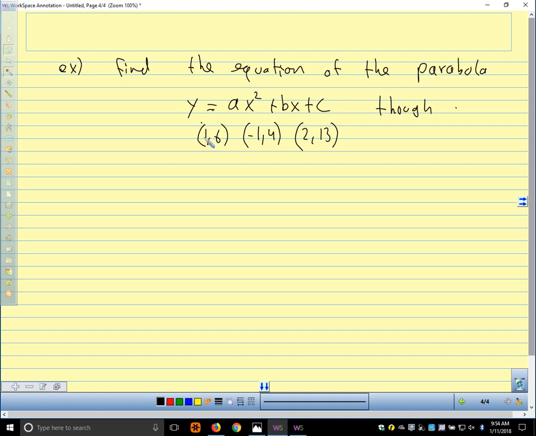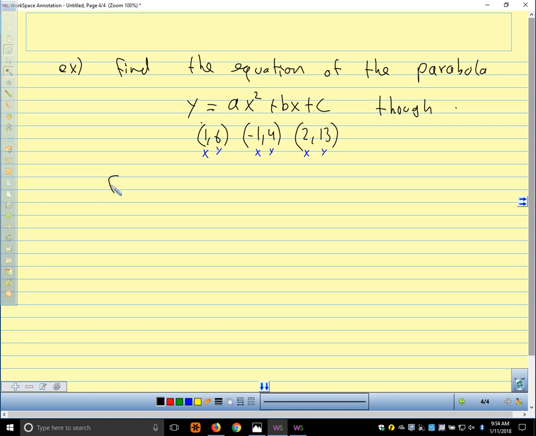What is this in this ordered pair? Isn't that an x? And that's a y? Isn't that an x and that's a y? That's an x and that's a y? We're going to plug those in. It's not a coincidence that there are three of those.